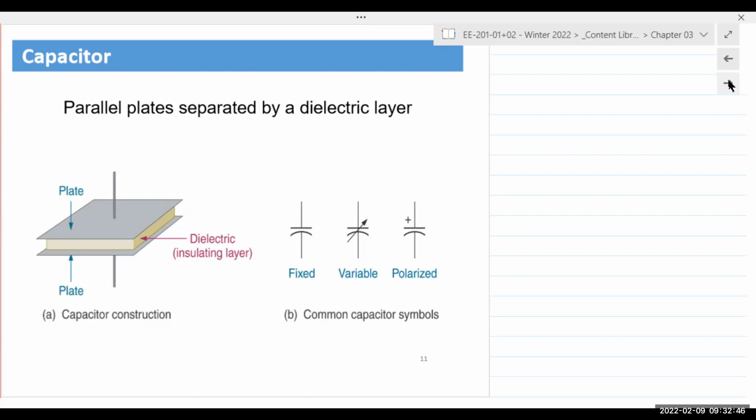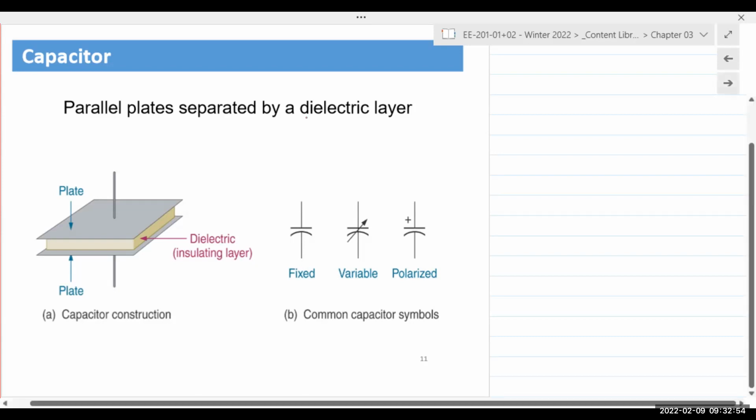So it's two parallel plates separated by a dielectric layer. Dielectric, in other words, is simply an insulating material. Symbols for a capacitor. The typical symbol is simply a component with two horizontal lines.